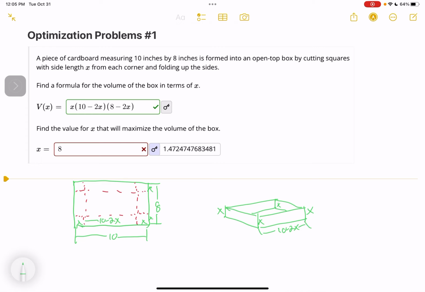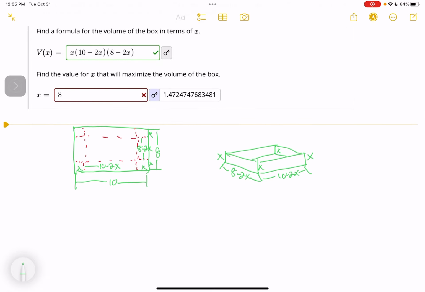And then this part would be 8 minus 2x. So we have 8 minus 2x. So our volume of the box would be x times 10 minus 2x times 8 minus 2x.